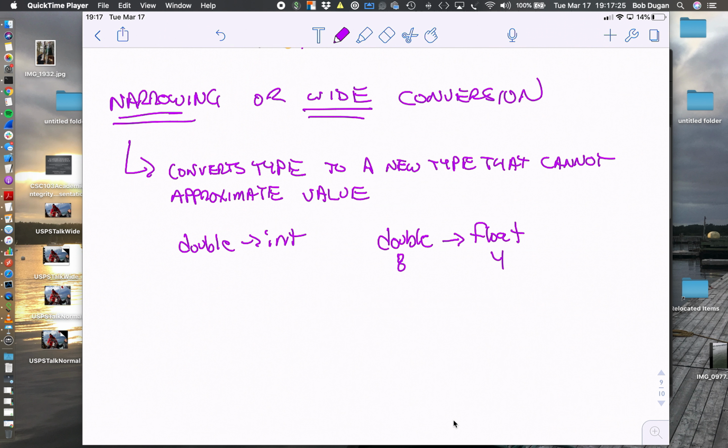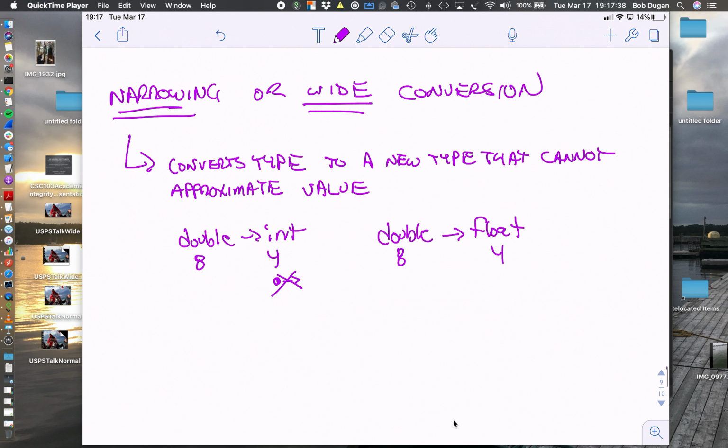So we're going to lose some data, plus we're going to lose that stuff to the right of the decimal point. That's going bye-bye. Okay. So some languages will allow narrowing conversions with some automatic behavior, and some languages will not.